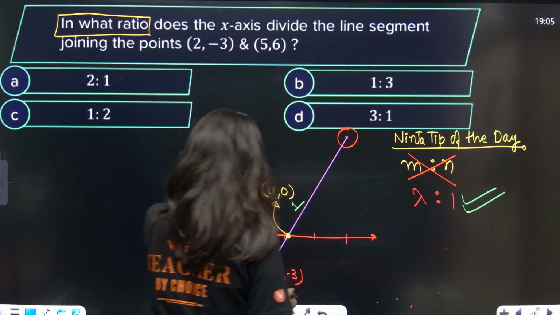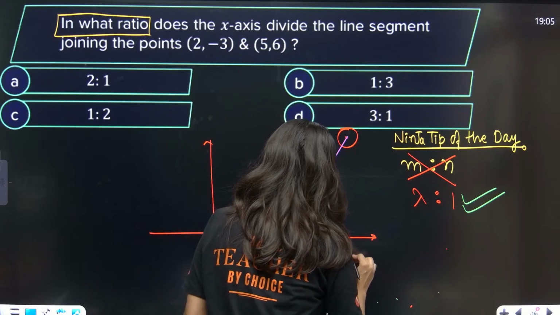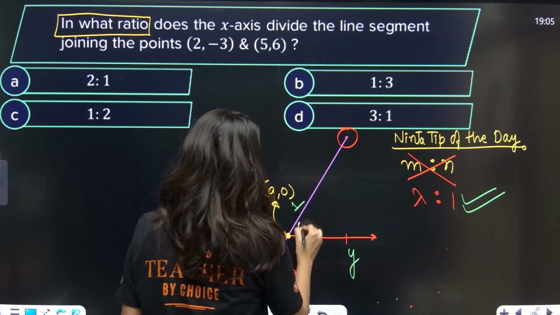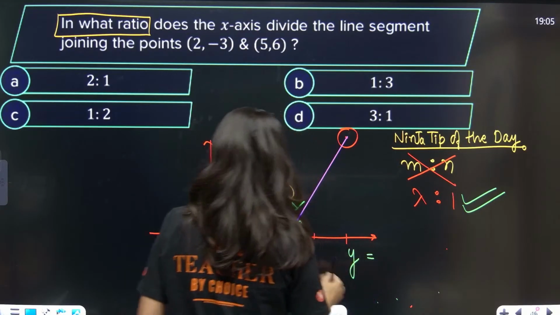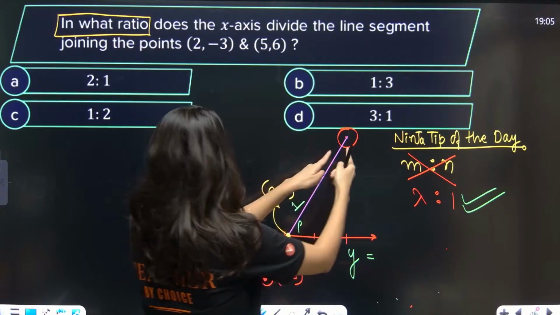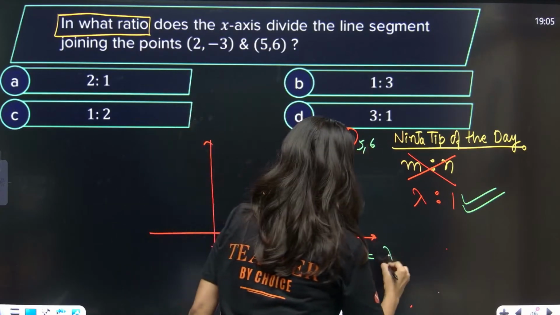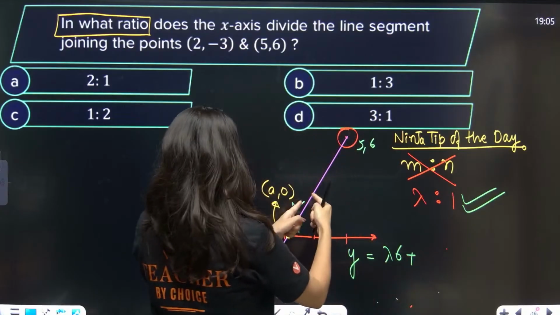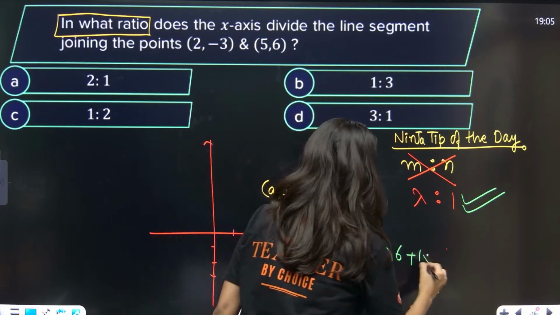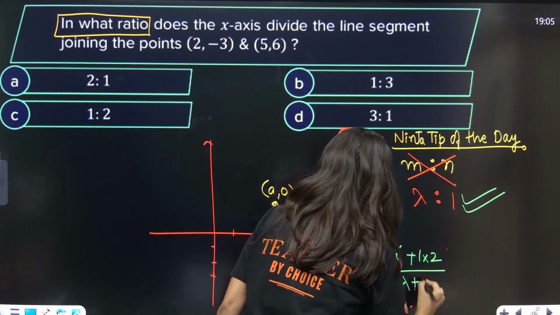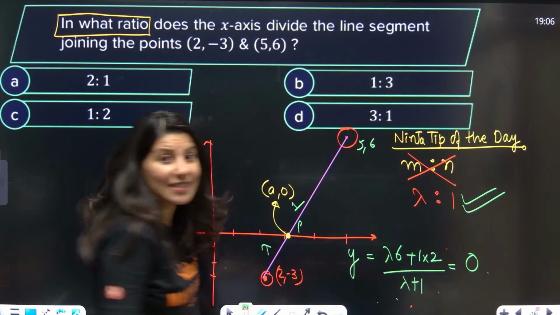So the y coordinate of point P, this is your P, correct? Y is nothing but lambda into 6, plus 1 into 2, whole upon lambda plus 1, where y coordinate is 0, obviously.